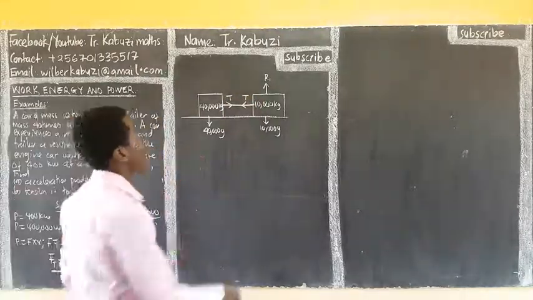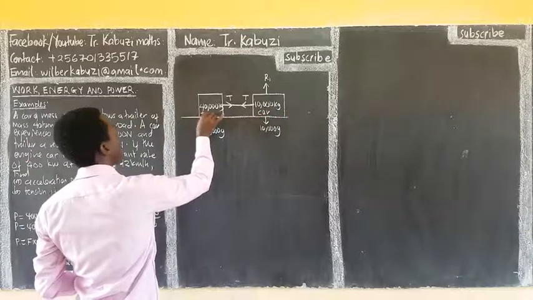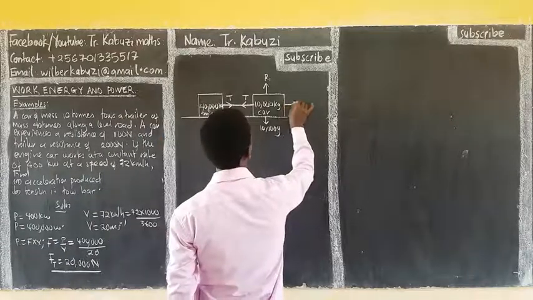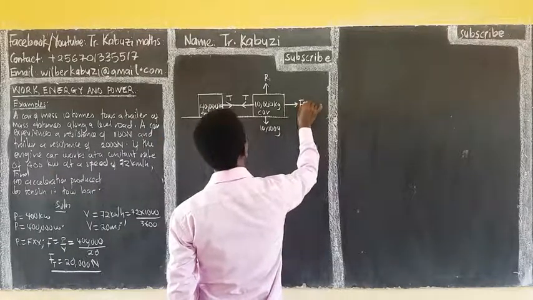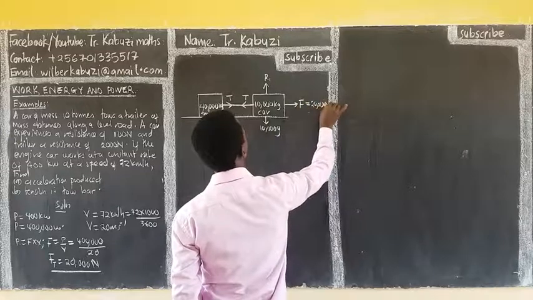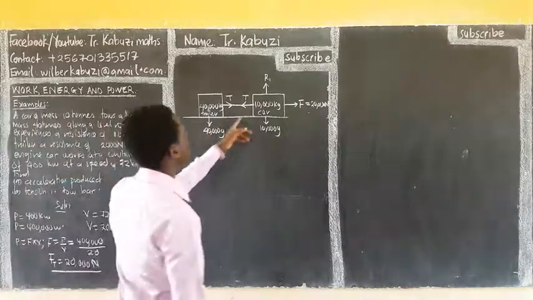Now this is our car, and this is our trailer. Of course, on this car there's going to be a force that is going to be driving it. This force, which we've seen, is going to be 20,000 newtons. Now remember it has a resistance.